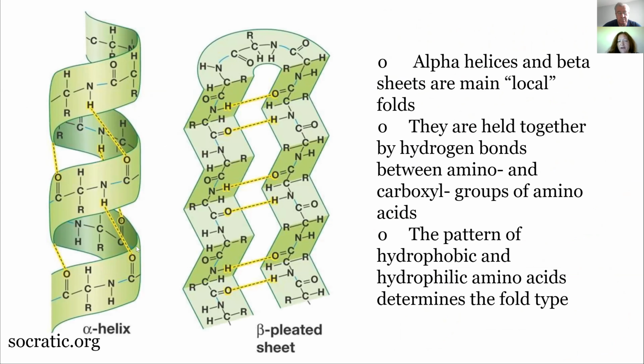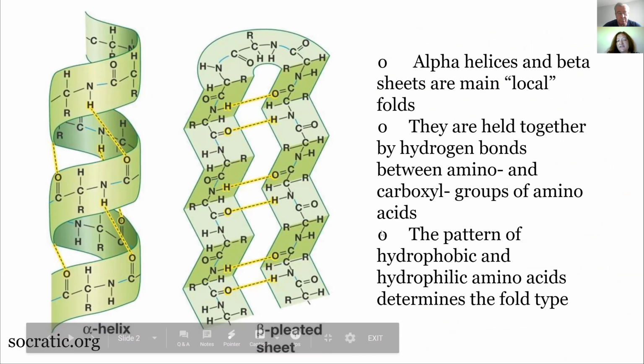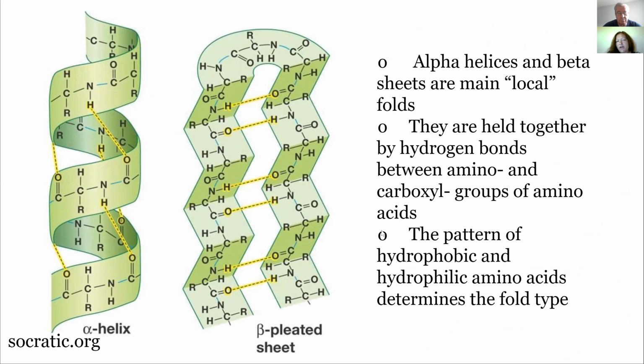Those structures typically are either alpha helices or beta sheets. You can see that they look very different, but the molecular forces that bind them are similar. They're called hydrogen bonds. In those amino acids, look here, there is a hydrogen atom, for example, on one of the amino groups of one of the amino acids, but then there is an oxygen here in another amino acid.